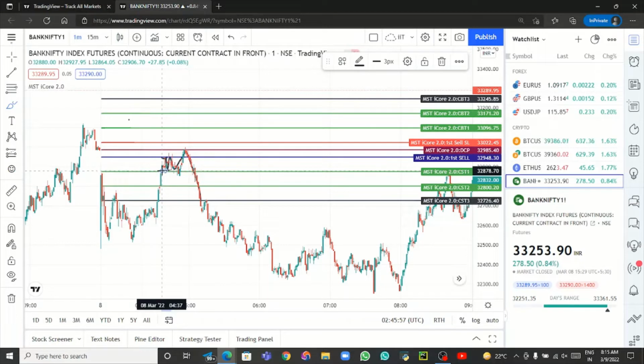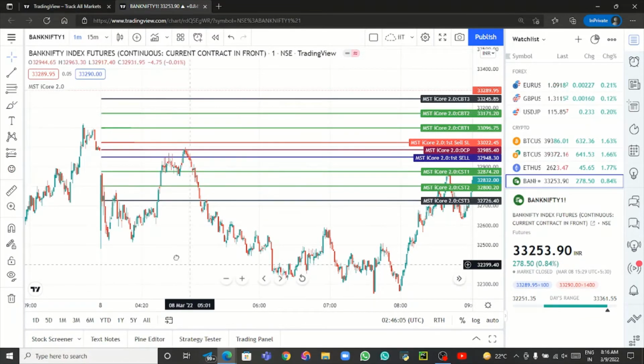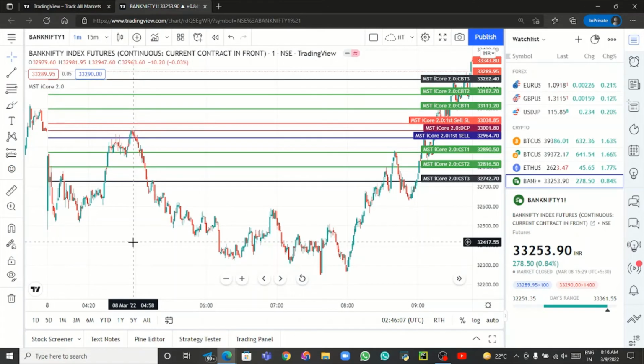If you want to book more profit, then also we have the option, right? Suppose you want to achieve risk management properly. If you are following risk management properly, then you have to follow minimum 1:2 ratio. What is 1:2 ratio? Suppose if you are taking 100 points risk, you have to book minimum 200 points profit in a single trade.